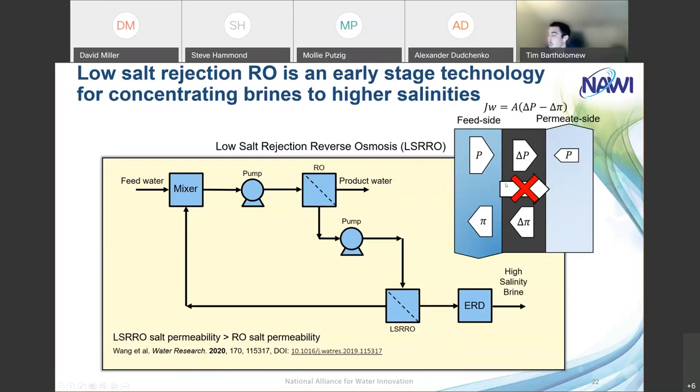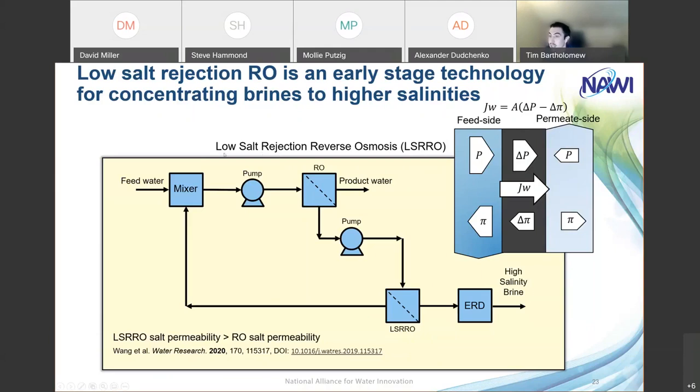Alternatively, which a few emerging membrane processes do, is they allow some salinity content on the permeate side. So there can be an osmotic pressure on this side, and it reduces the osmotic pressure difference so that we can still have water flux for our typical applied hydraulic pressures. The way low salt rejection reverse osmosis does this is it allows salt to pass through the membrane. That's what's in the name.